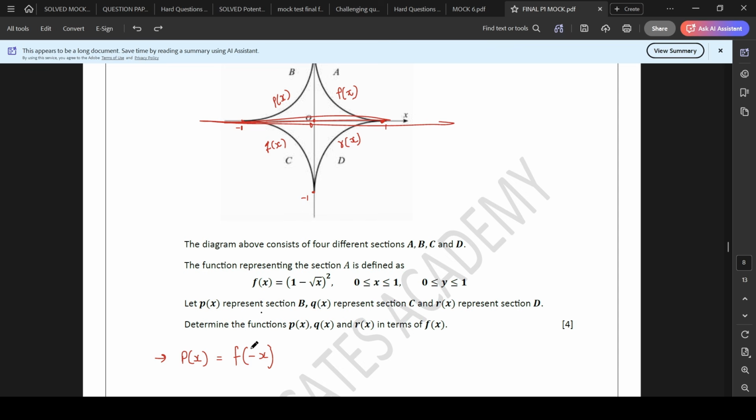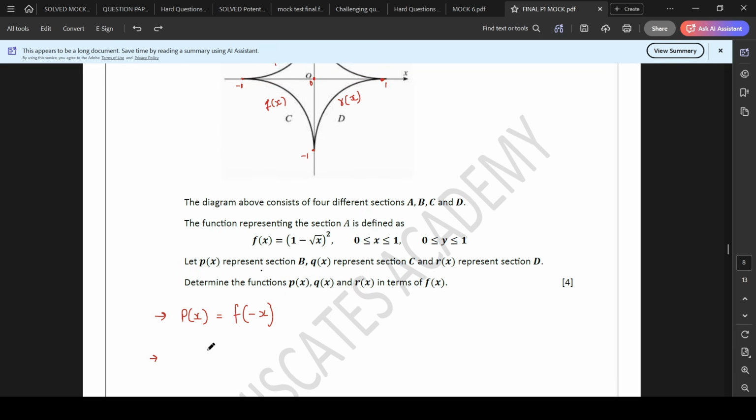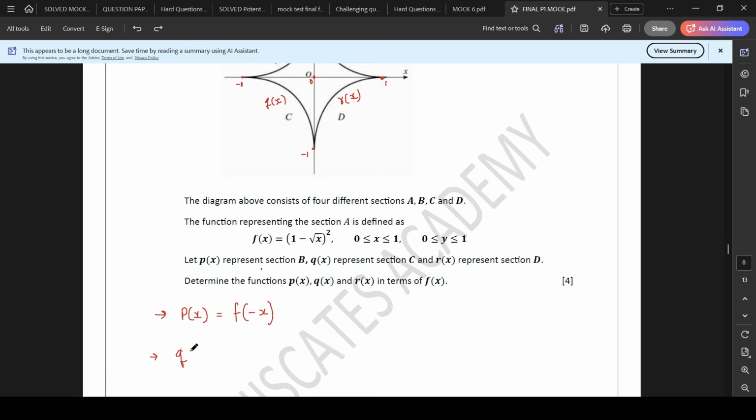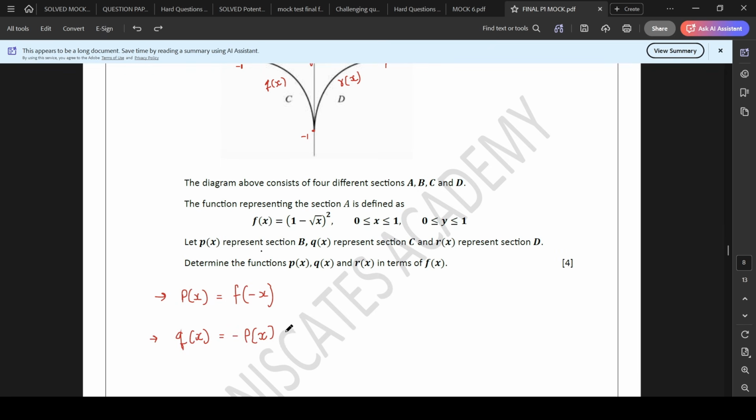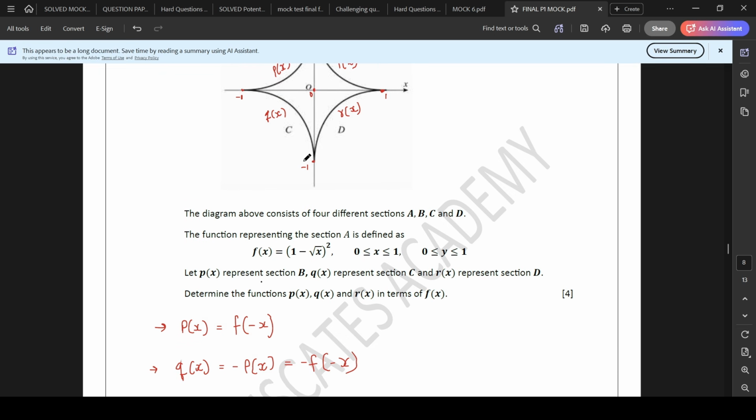So now this function will have a minus sign outside. So I can say that my q(x) is the same as writing negative p(x), right? Because this was my p(x). So negative of p(x) is a reflection around the x-axis, and this is the same as writing minus f(-x). That is my q(x).